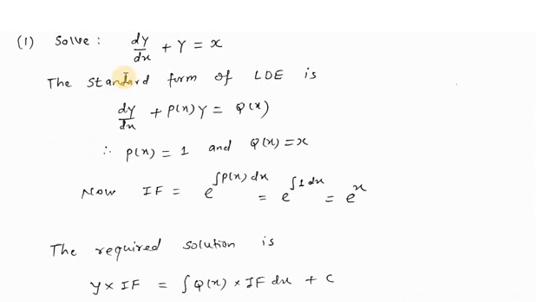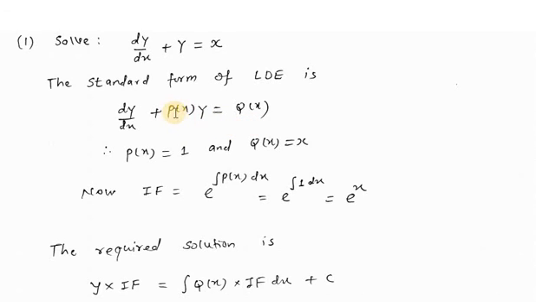Example number 1, we have to solve this differential equation, that is dy by dx plus y equals to x. So first of all, we will compare this differential equation with the standard form of linear differential equation, that is dy by dx plus p of x into y equals to q of x.